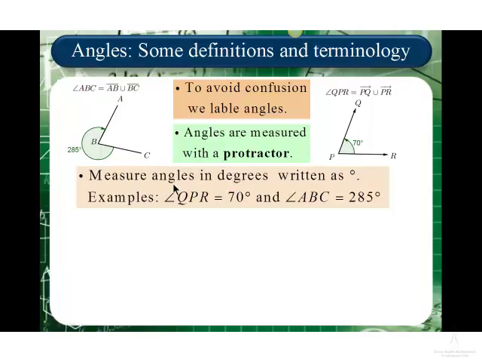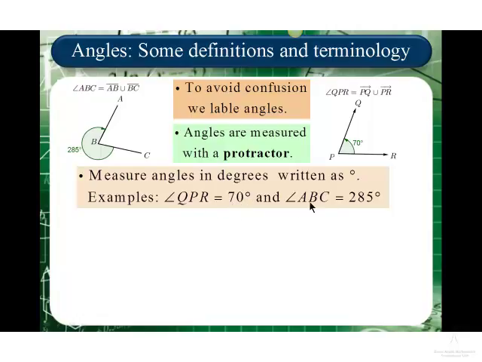Furthermore, we measure angles in degrees, which is written as the superscript little circle symbol that you see on the screen. For example, here we have an angle which represents 70 degrees, which is the angle QPR, and this is one way of representing this particular angle using the symbol in front. Note, angle QPR, and the degree sign is clear with the 70 in this case, so we say this angle is 70 degrees.